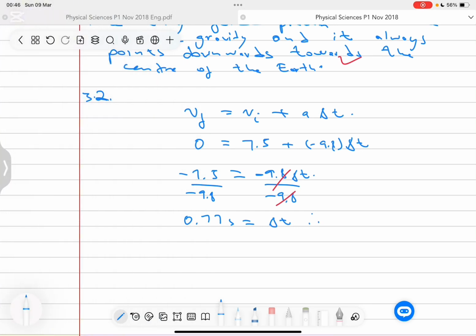So we're saying therefore our time would be 0.77 seconds. Now this is a calculation problem, and we can navigate this answer to see if it makes sense.